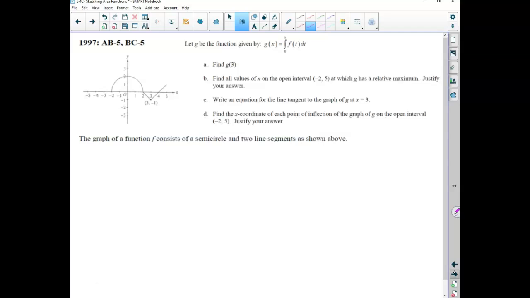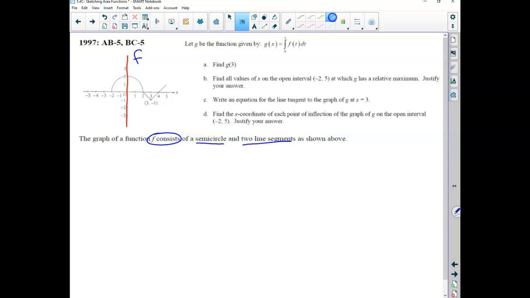G. Let g be the function given by g of x equals the integral from 0 to x of f of t dt. Ooh, check it out. I have an accumulation line right here. Probably going to use that if I'm using my function defined as an integral. And the graph of the function f consists of a semicircle and 2 line segments that's shown above.